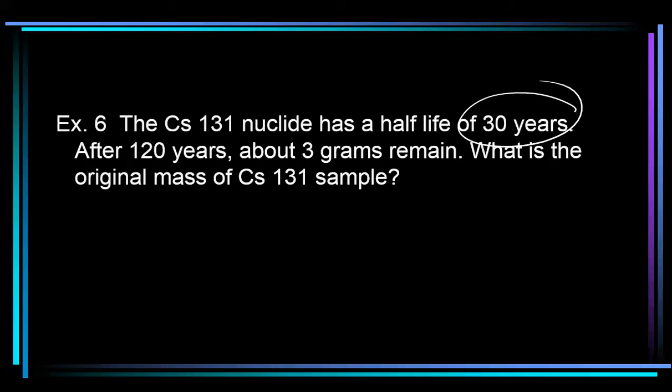Just how long it takes for half of it to decompose. After 120 years, about 3 grams remain. What is the original mass? The previous two questions, I was asking you for the final mass. Now I'm asking for the original mass. In other words, you need to go backwards.